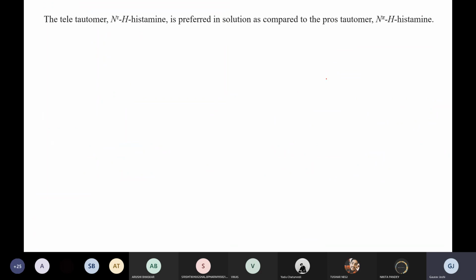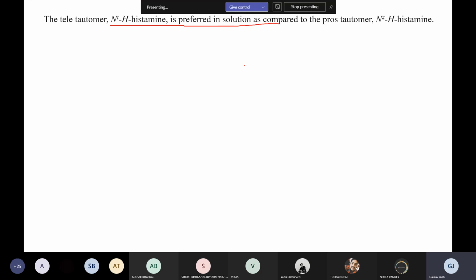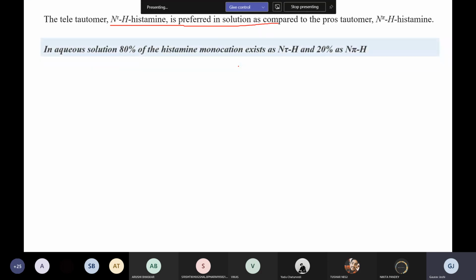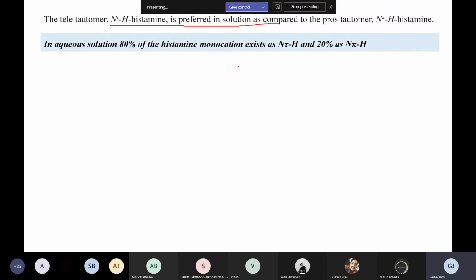The tele tautomer is preferred in the solution as compared to the pros tautomer because it is more stable. In aqueous solution, 80% of the histamine monocation exists as N tau H, the tele tautomer, and 20% as the pi tautomer.